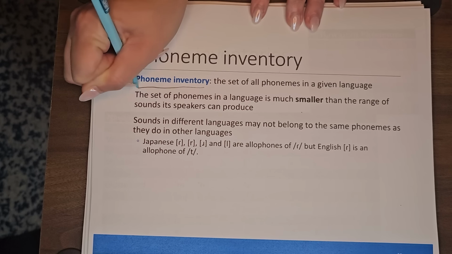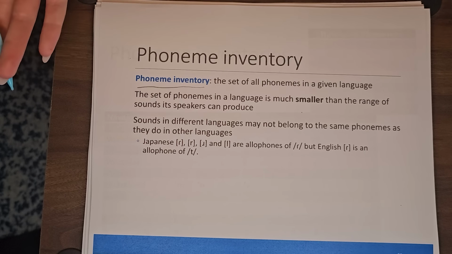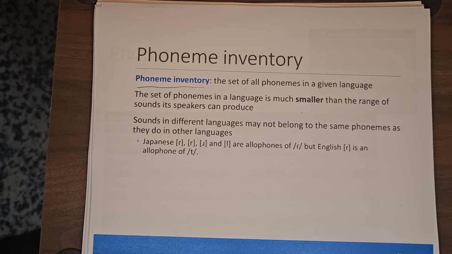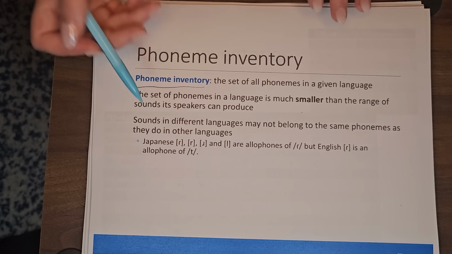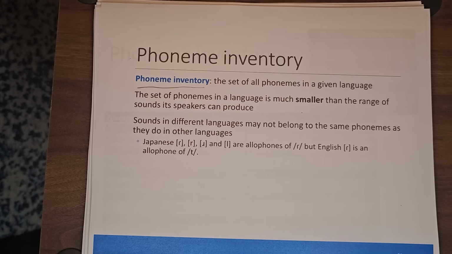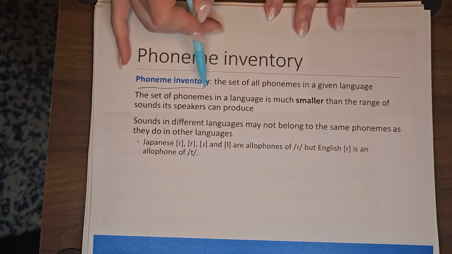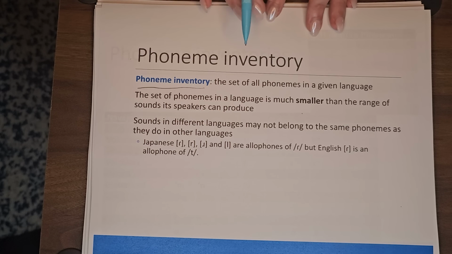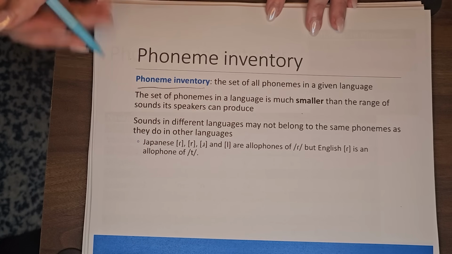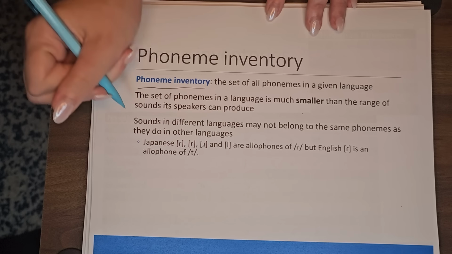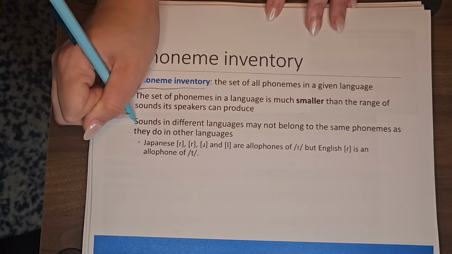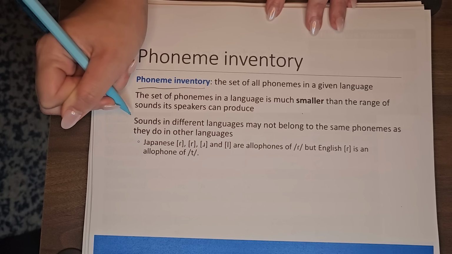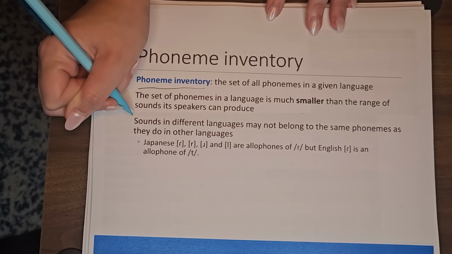That is the phonemic inventory, and the phonemic inventory can be different than the phonetic inventory. The set of phonemes in a language is much smaller than the range of sounds that speakers can produce. We saw this, for example, with unaspirated and aspirated p. Those are two sounds that equal one phoneme. Sounds in different languages may belong to the same phonemes as they do in other languages, but not necessarily.